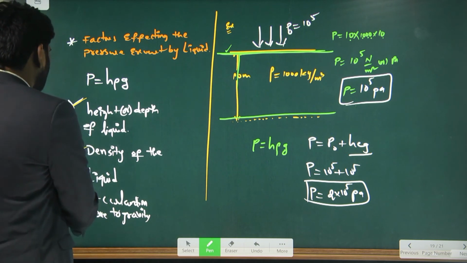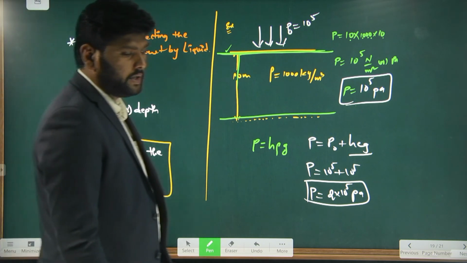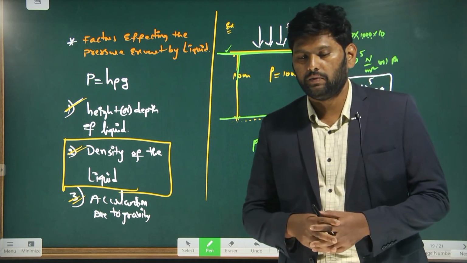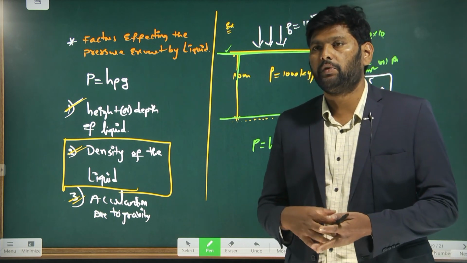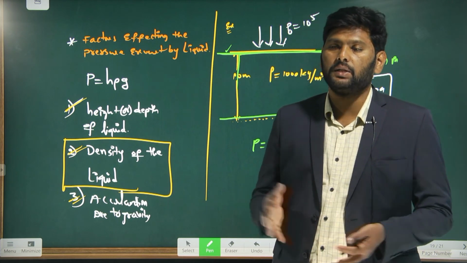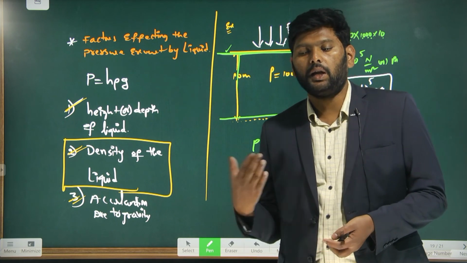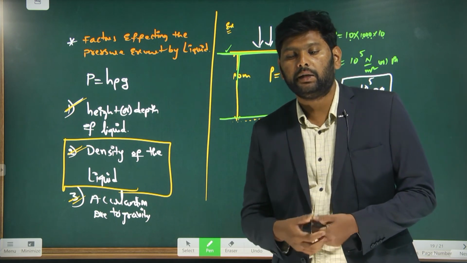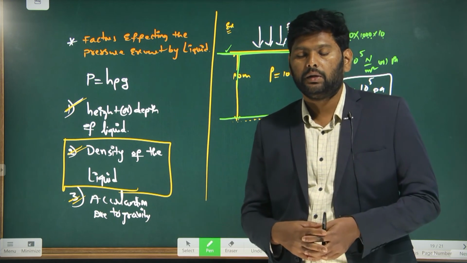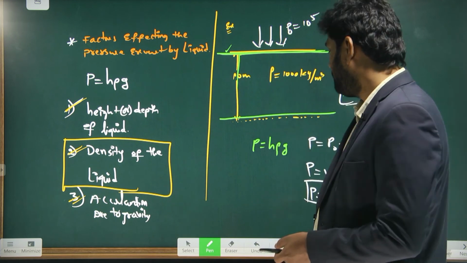But observe this term, density of the liquid. Density will vary if you mix two liquids. For example, we have water, and if you mix some other liquid in that water, the density of the liquid varies. In that case, how do you find the density of the mixture? Some problems, let's see.